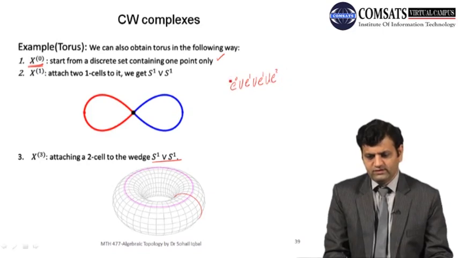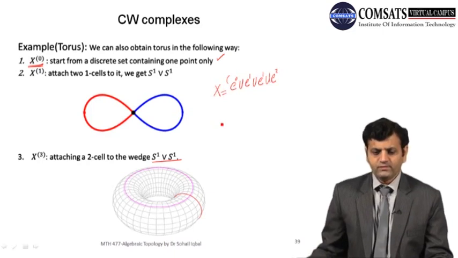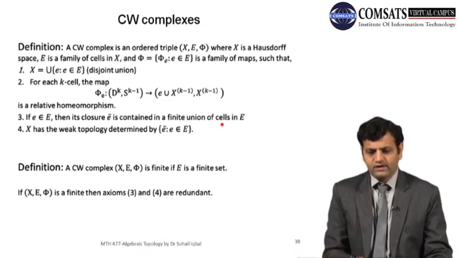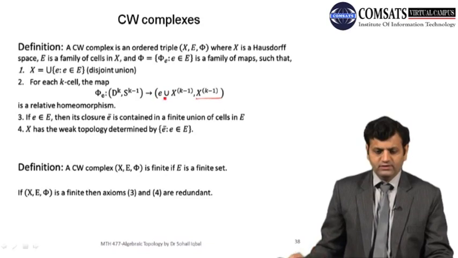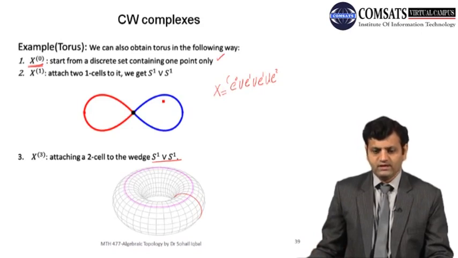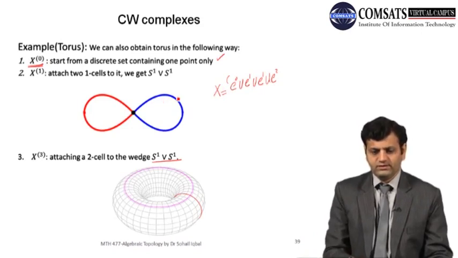This is definitely equal to the torus X. So the first condition is satisfied. The second condition says that the thing we are attaching to X^(k-1) is homeomorphic to a k-cell. In each step, whatever we are attaching is homeomorphic to a k-cell, and it's also true in this case.